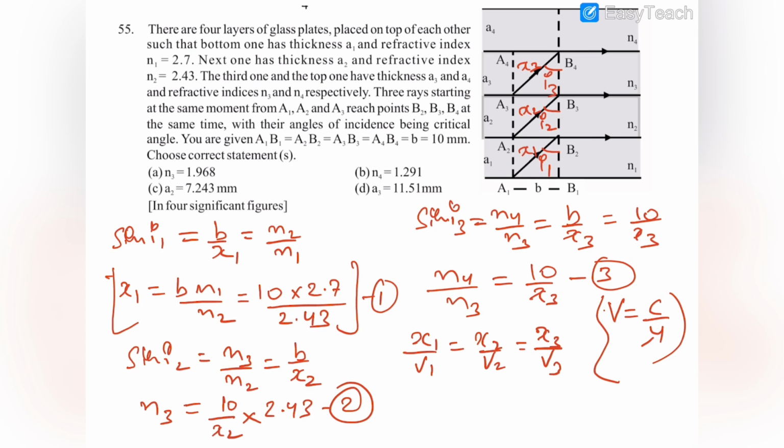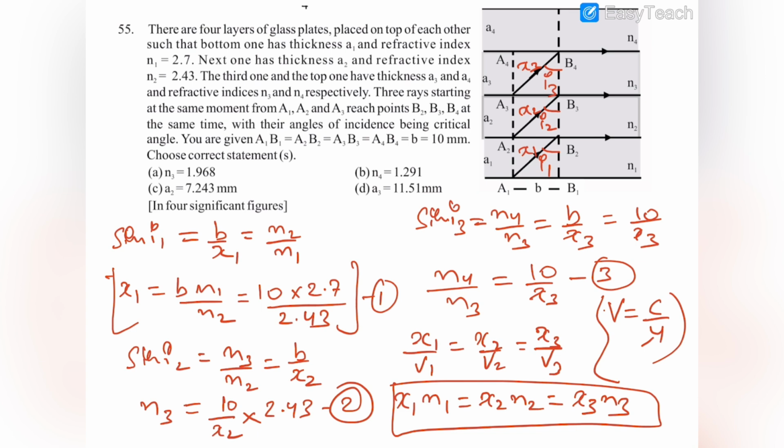So we can write v1 as c by mu1, so it would be x1 n1, and it is equal to x2 n2, and it is equal to x3 n3.